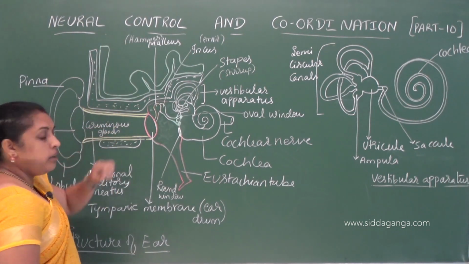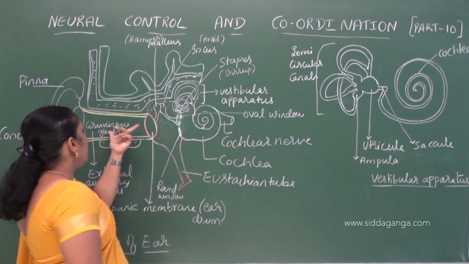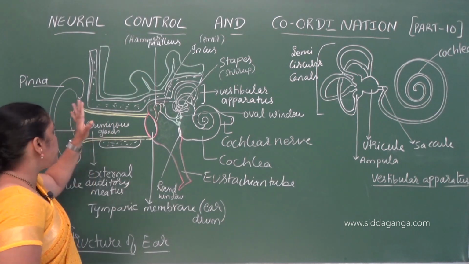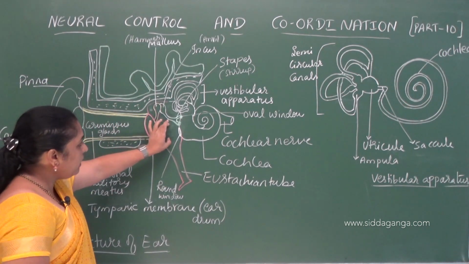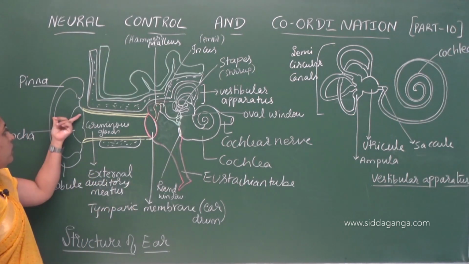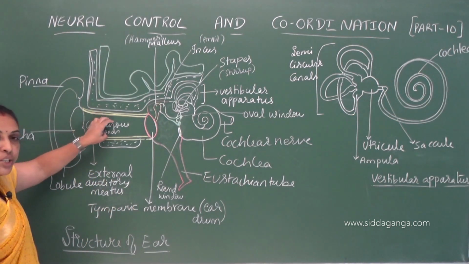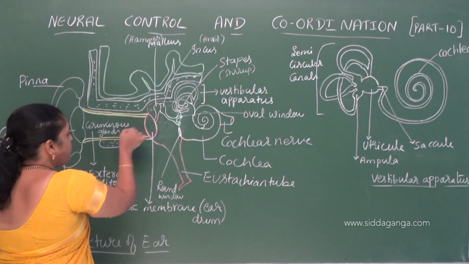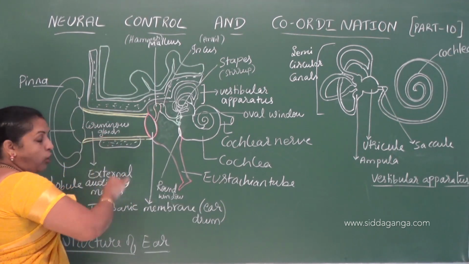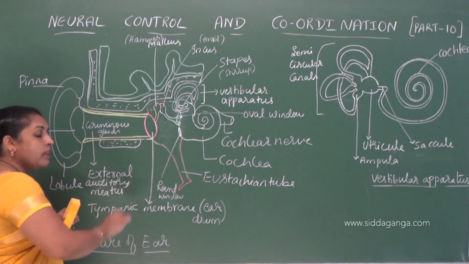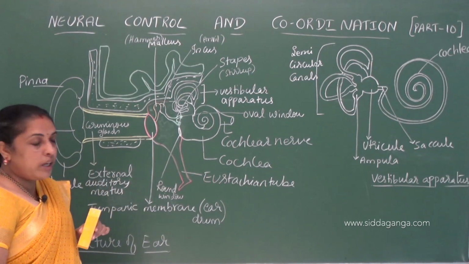Once again, the structure of the ear is divided into three parts: outer ear, middle ear and inner ear. Understood? The outer ear consists of the pinna and the external auditory meatus. In the external auditory canal, we see wax secreting glands called ceruminous glands. They are modified sweat glands.